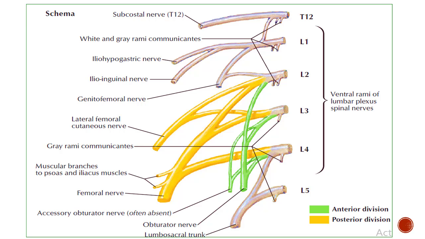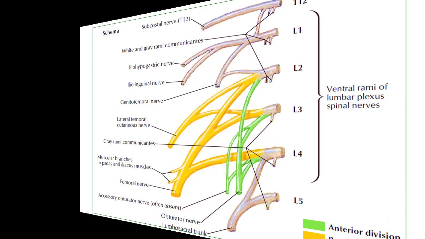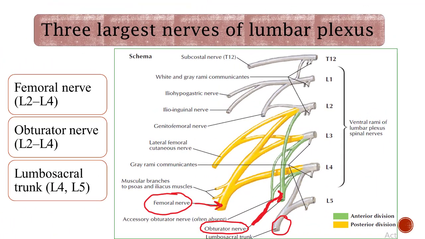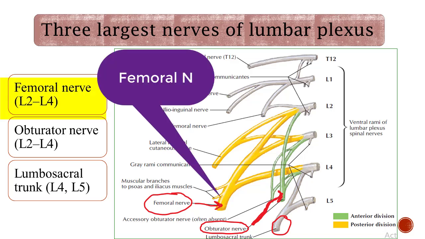Now we will cover the detail of branches of this plexus. There are three larger branches of this plexus, and besides this there are some smaller branches. First we will cover the three larger branches, which are the femoral nerve, shown in yellow here. It means it is formed by the posterior division of the L2, L3 and L4 spinal nerves.